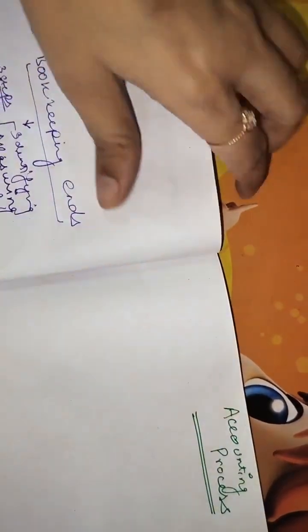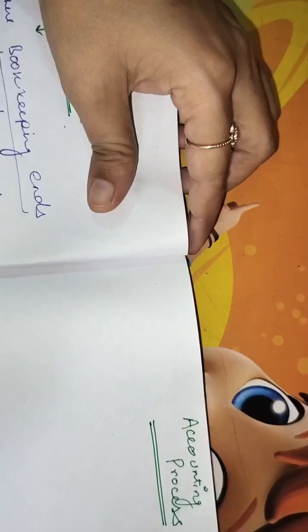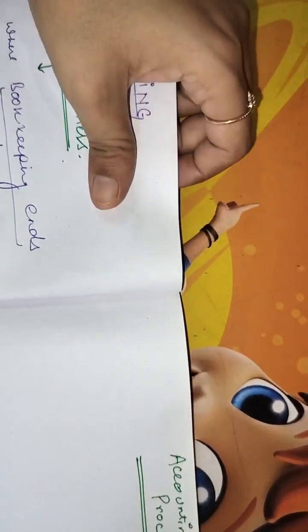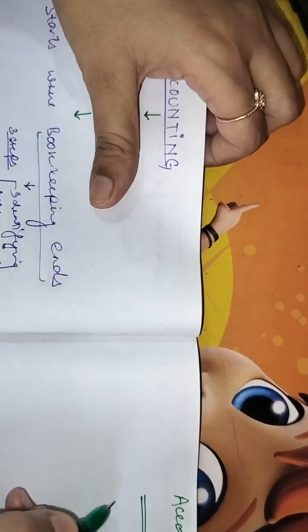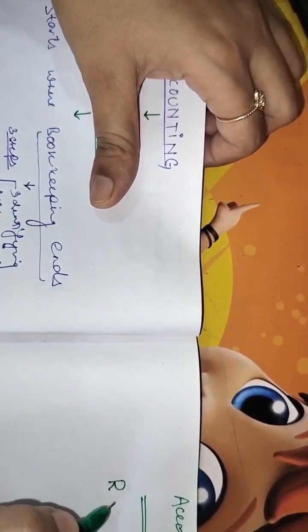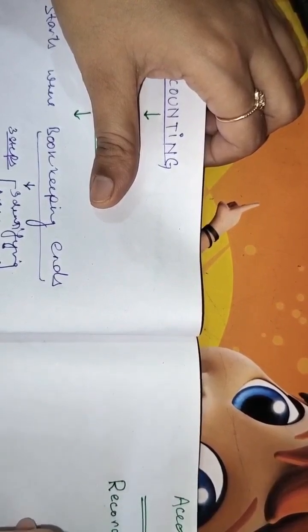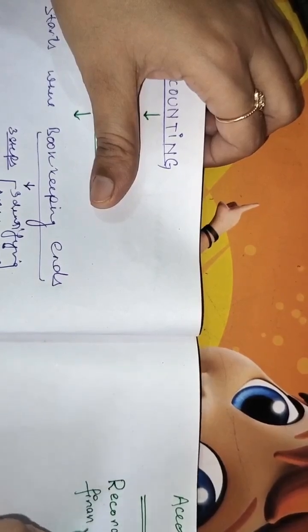It has been made clear in the definition of accounting what is accounting process, but to understand the accounting process in a better way, we'll describe this in the form of chart. First is recording of financial transactions.